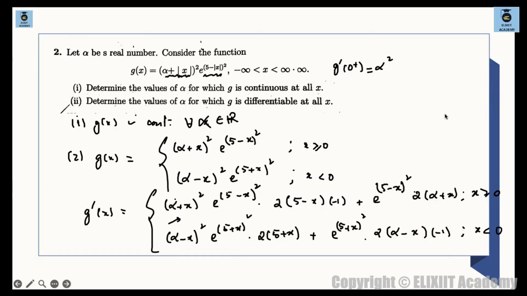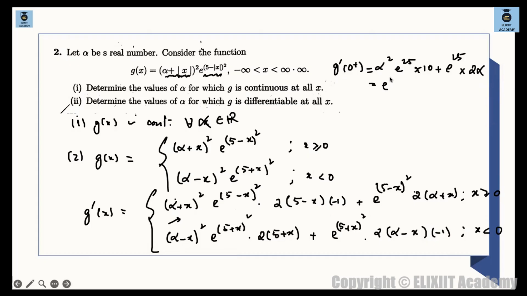This will be e raised to the power of 5 square, which is e raised to the power of 25, into 2 into 5, which is 10, plus e raised to the power of 25, and this is 2 into alpha plus 0, which is 2 alpha.